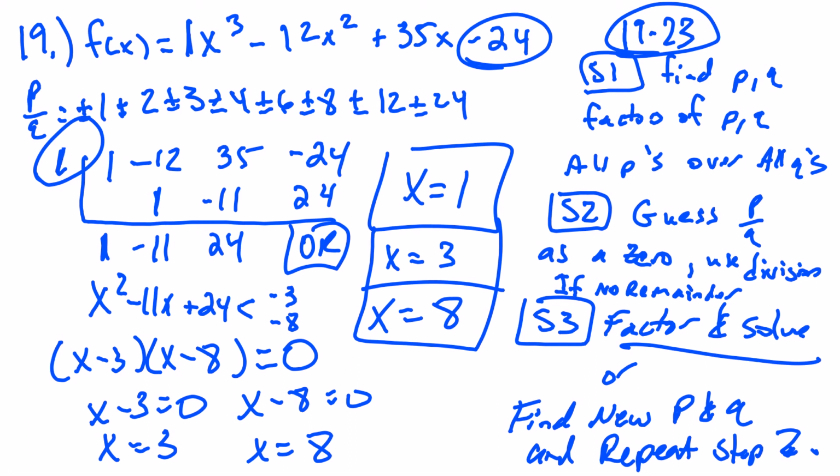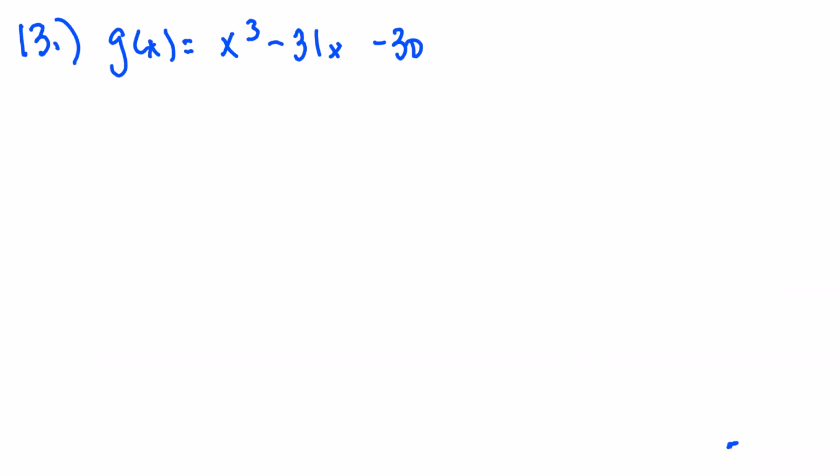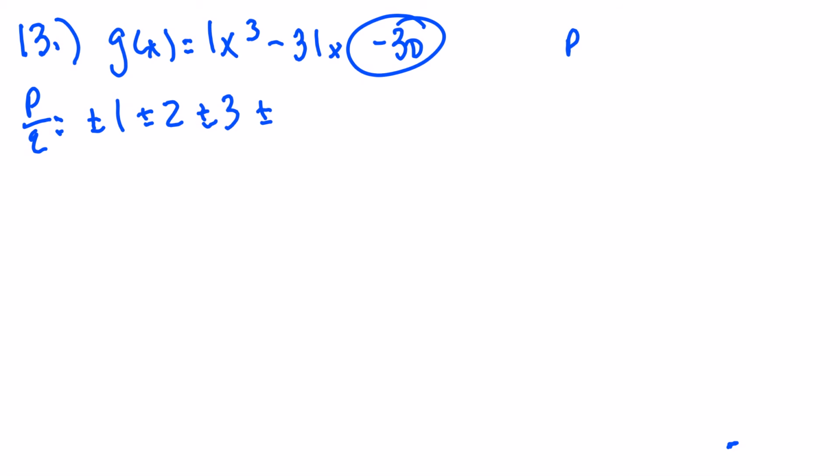And that's it. Alright, 13, we have x cubed minus 31x minus 30. So I found my p is 30. My q is 1. So my p's over my q's are plus or minus 1, plus or minus 2, plus or minus 3, plus or minus 5, plus or minus 6, plus or minus 10, plus or minus 15, plus or minus 30.